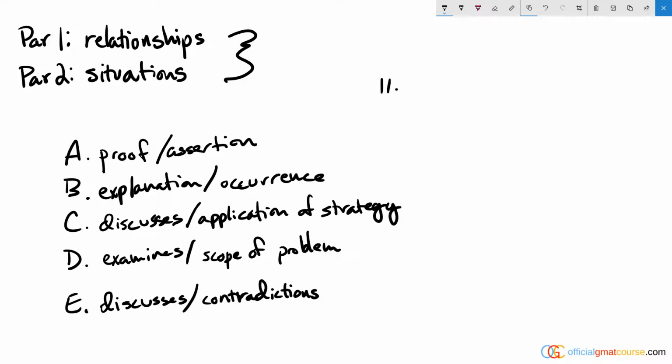Now, looking at the way these answer choices are described, I've broken them down in a simplistic way. Answer choice A offers proof of an assertion, right? So does the second paragraph offer proof of an assertion made in the first paragraph? Well, I don't think it proves anything, and I don't know what the assertion would have been.